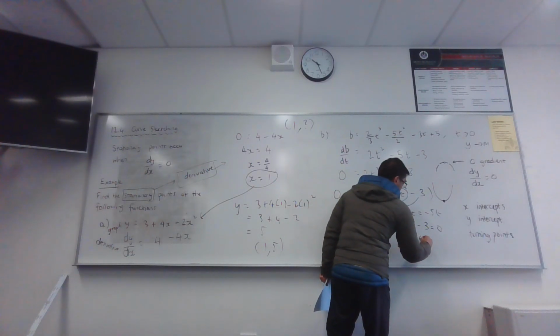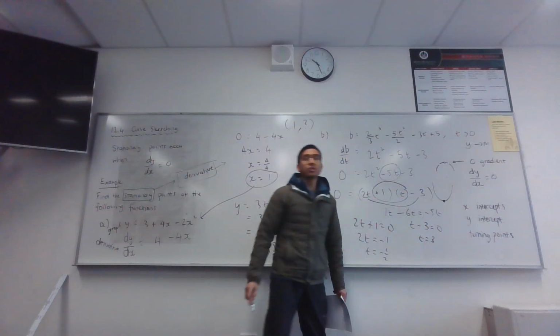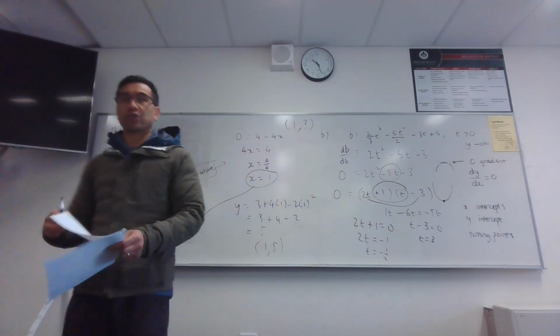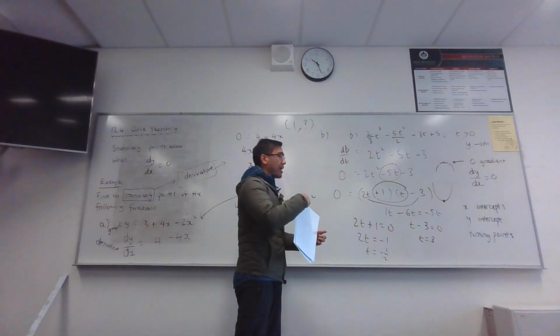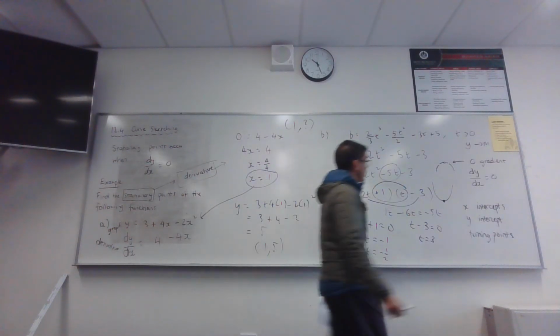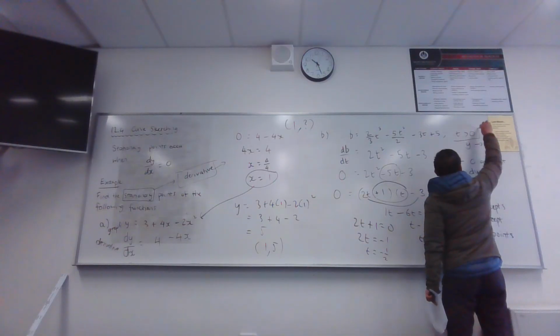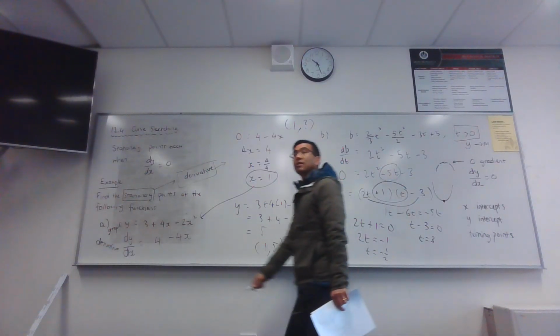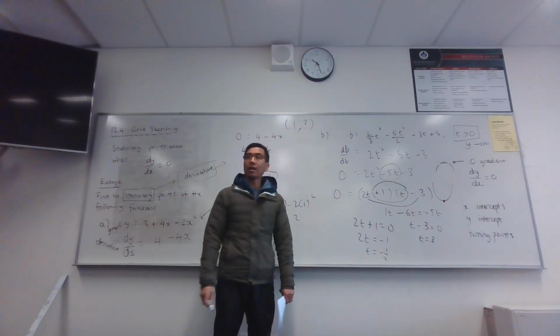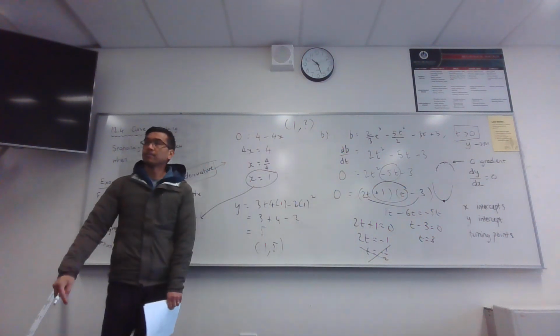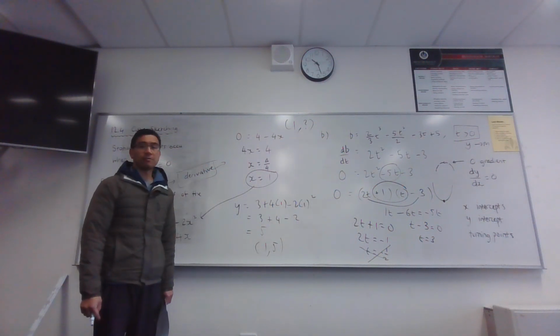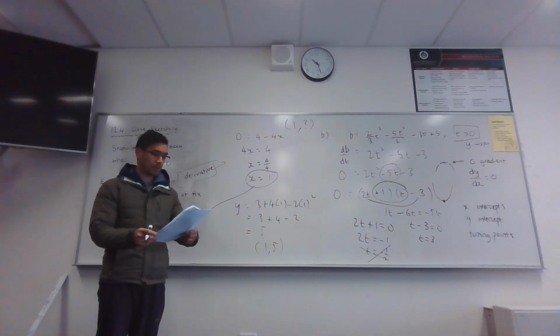What's the observation? Who's got a good observation for me? Okay, you're onto it. The domain. Domain is up here. Gabe's keeping an eye on the domain. Therefore, we must eliminate our negative 1. We don't want it. You might lose marks if you don't check the domain.